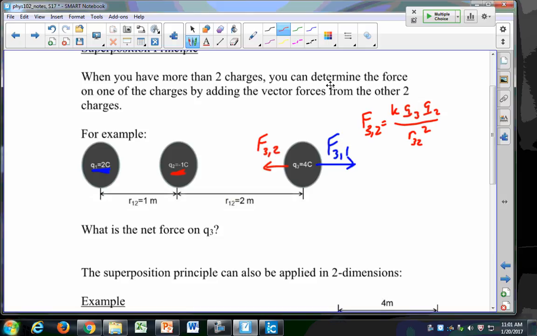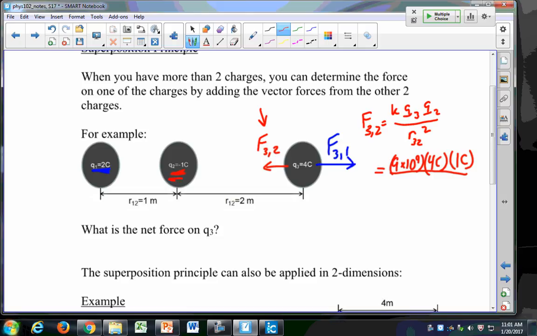K has a value of 9 times 10 to the 9th. That's 9E9 if you use the exponent button on your calculator. Q3 here is 4 coulombs. Q2 is 1 coulomb. Notice I'm leaving out the sign. I'm not really worried about the sign because I included the sign when I drew that vector. With me?